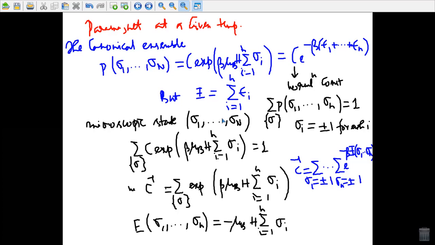Then we can calculate the value of C inverse, or 1 upon C, as the summation over sigma 1 equal to plus or minus 1 up to sigma n equal to plus or minus 1 of e to the power minus beta E(sigma 1 to sigma n).